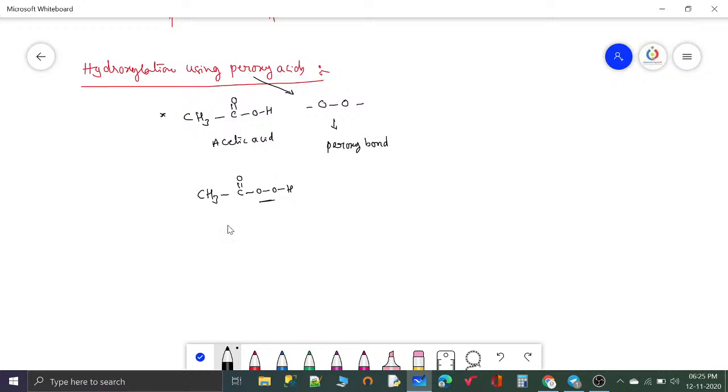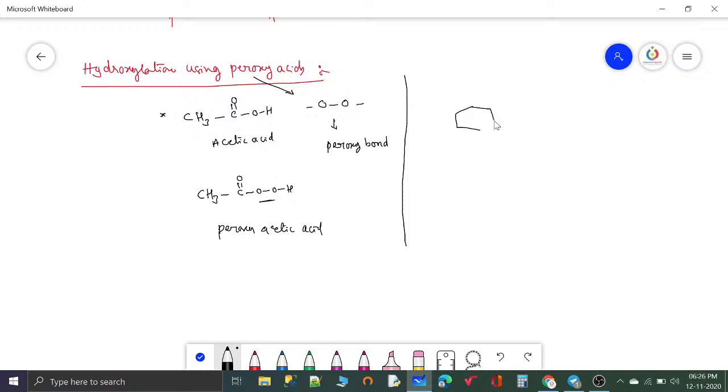So it is called peroxyacetic acid. Similarly, the most efficient reagents usually used in this type of oxidation reactions are not only peroxyacetic acid, two more reagents are there.